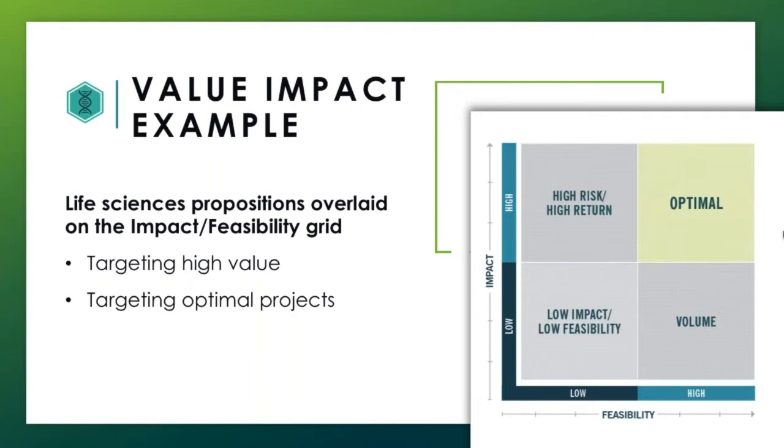In terms of the optimal project, the high feasibility, the high impact, those are things, and again, in life science as an example, like the cell biology or the delivery systems and manufacturing optimization type projects that we have come through.